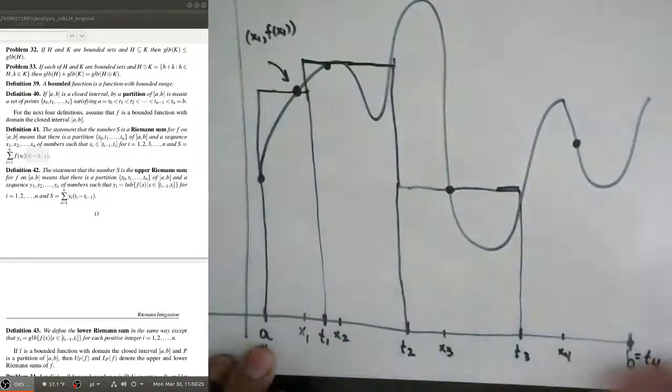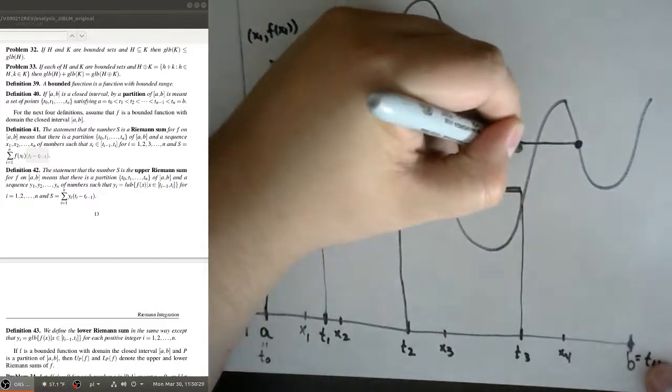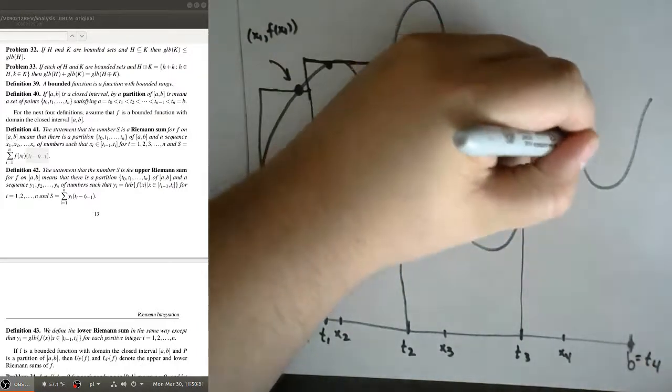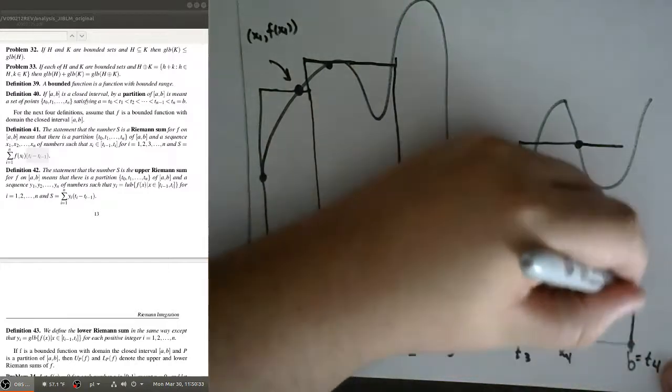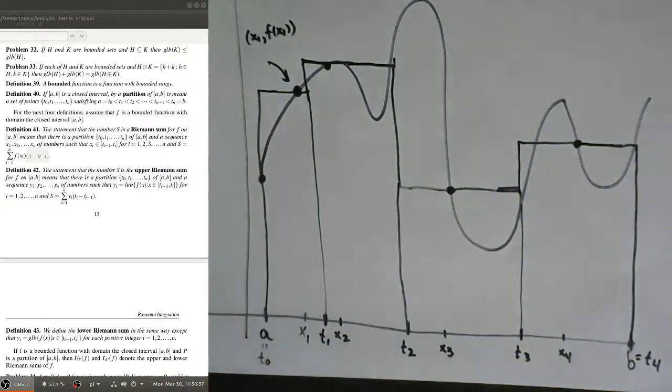And then the final one is at the height determined by this x4. Now, I picked those x's sort of arbitrarily. You could always pick left endpoints. There's nothing wrong with that. That's an equally valid Riemann sum. And so when I add up the areas of these rectangles, I get the number s, and that's the end of the story. That's a Riemann sum.